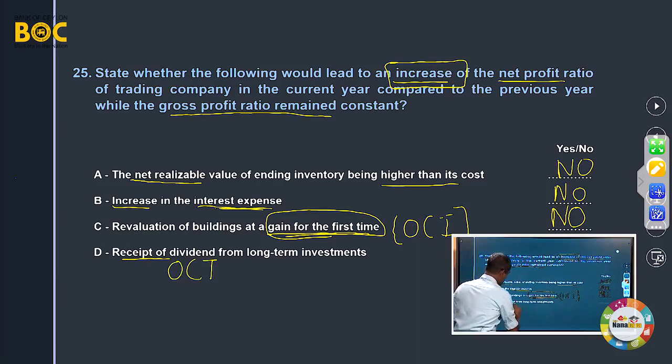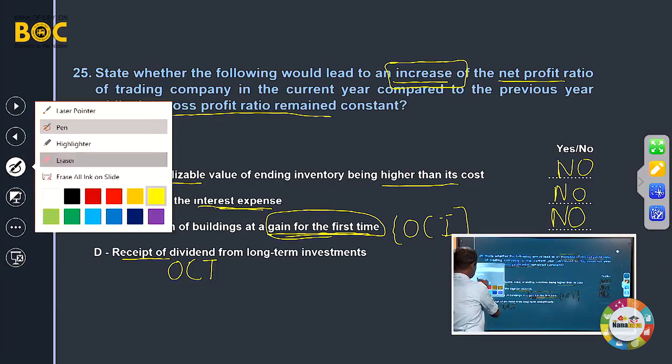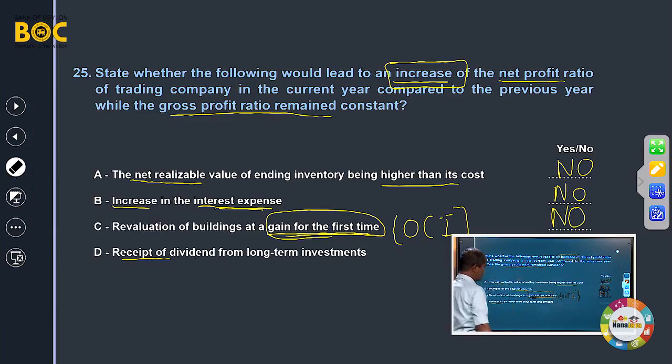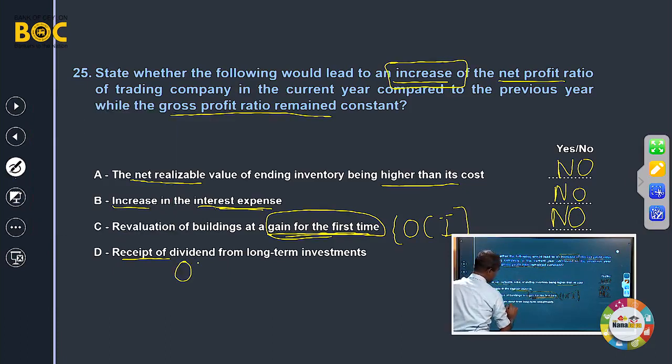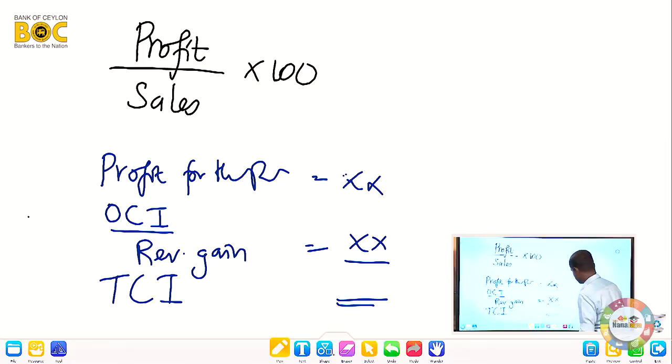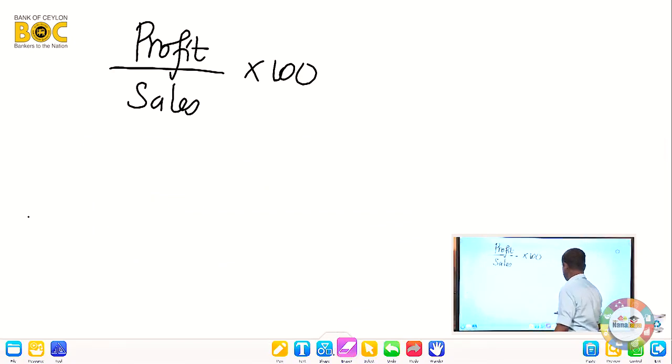Going to our formula, net profit ratio is profit divided by sales multiplied by 100.